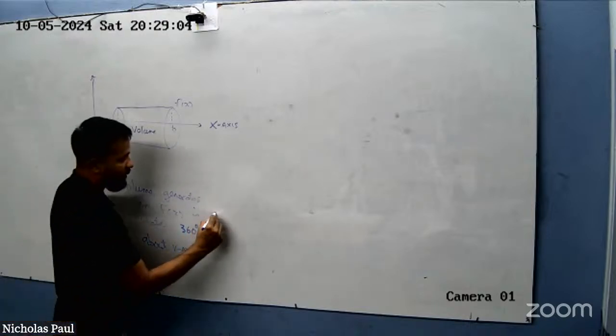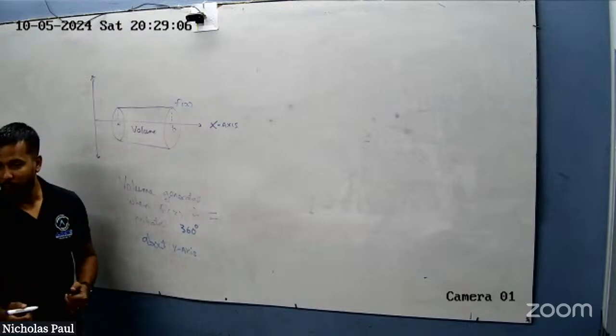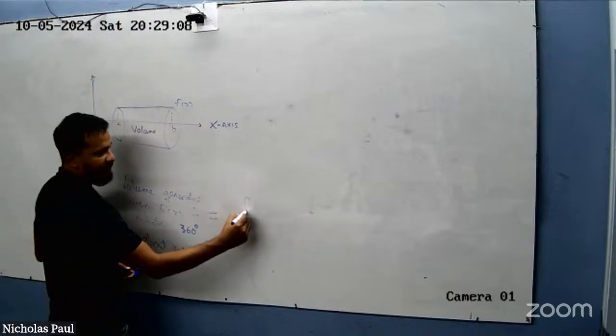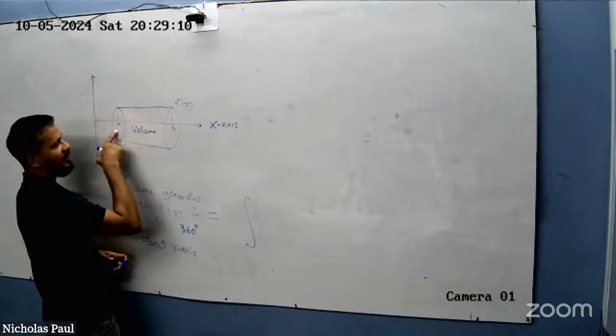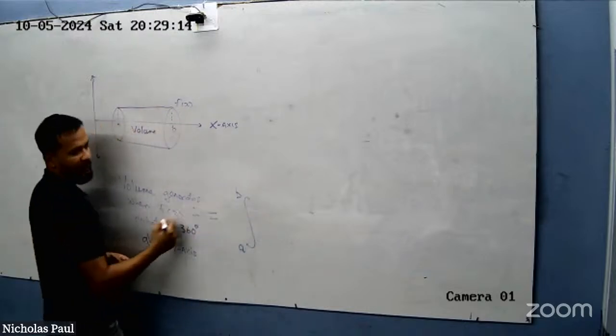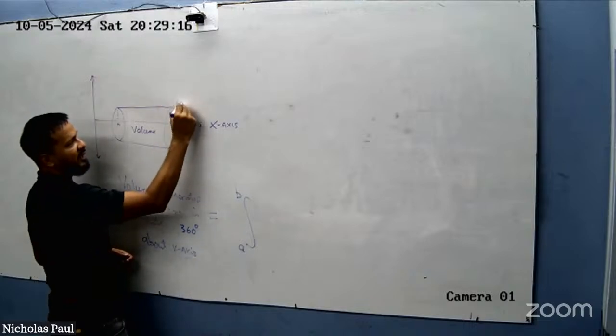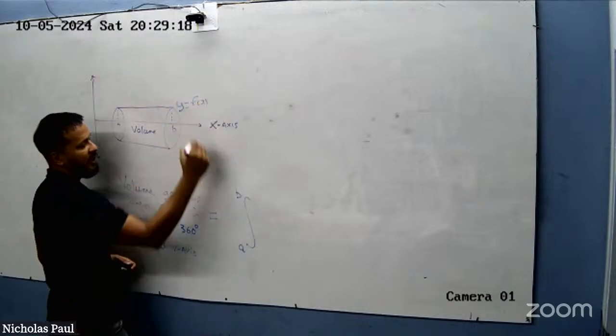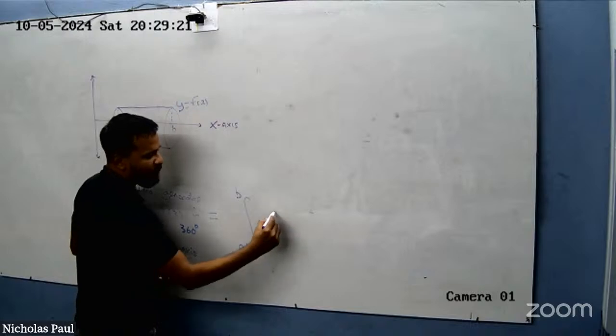Anyway, here's the formula. The formula is integrating between B and A, where y is f of x. You're integrating y squared.